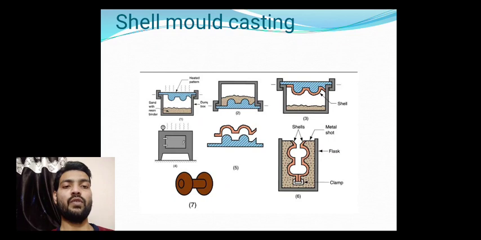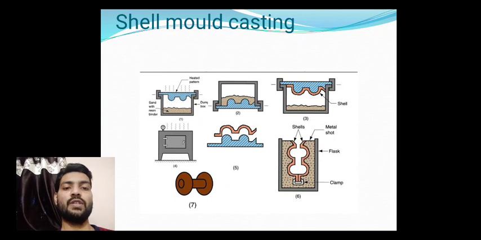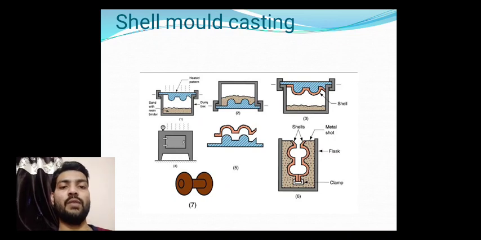Then the fourth figure shows the shell being baked. The fifth figure shows removing the shell from the pattern. The sixth figure shows clamping the two shells to form a shell mold.